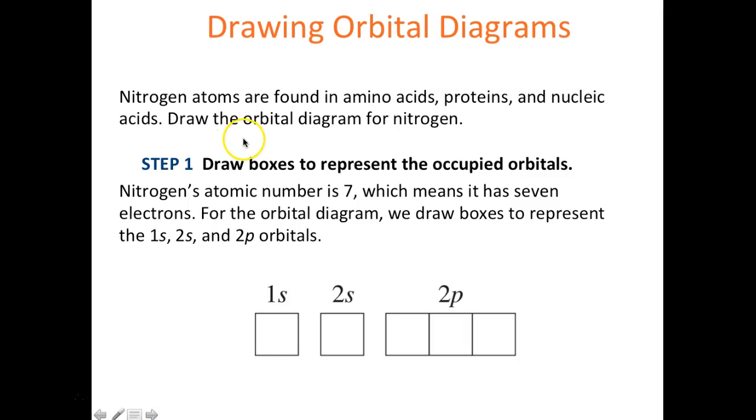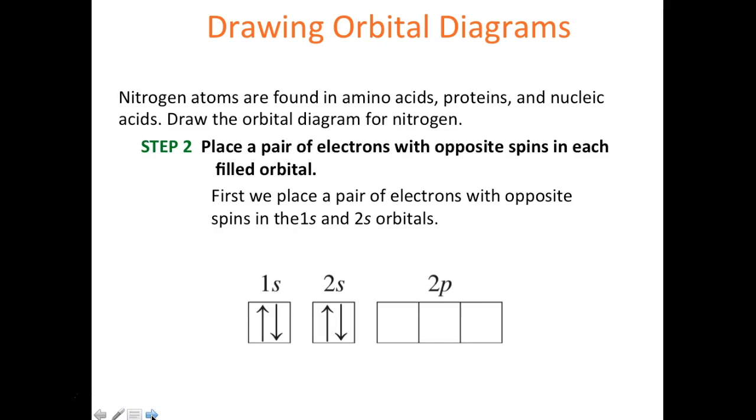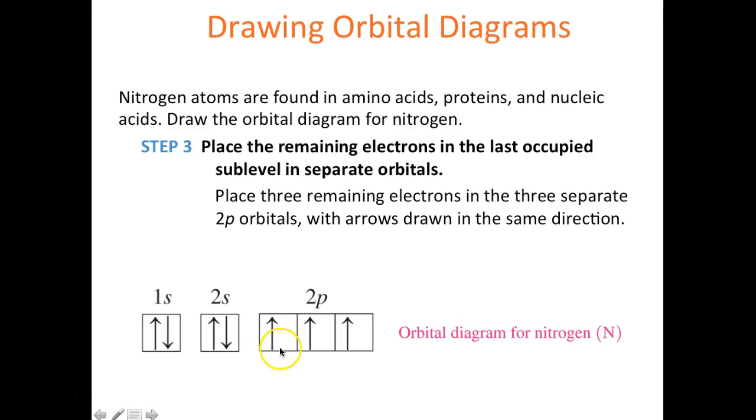So nitrogen with 7 electrons: the first 2 go in here, the next 2 in here, and the remaining 3 go in single file. Remember Hund's rule, which says that if you have orbitals of the exact same energy, then the electrons cannot get paired up. They have to go in single file before the pairing up process starts, and those electrons will be facing in the same direction. They'll be of parallel spins.